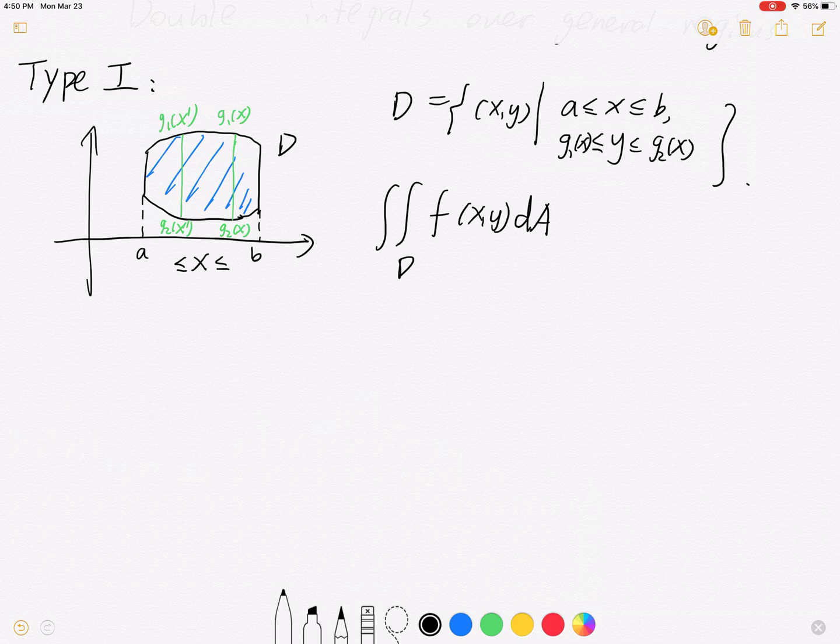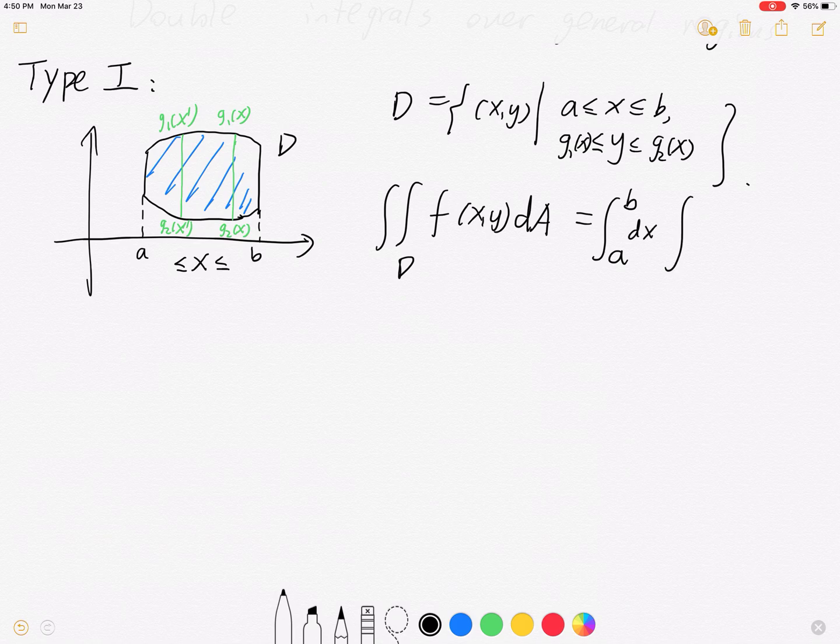The function can be taken as any reasonable function. So suppose this, and then you can write it down as an iterated integral, but we prefer the following form according to the shape of the domain. For X, you just pick it from A to B arbitrarily.